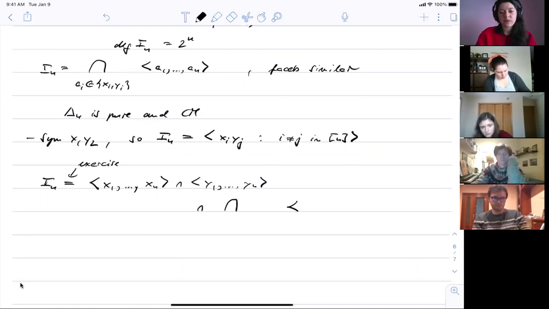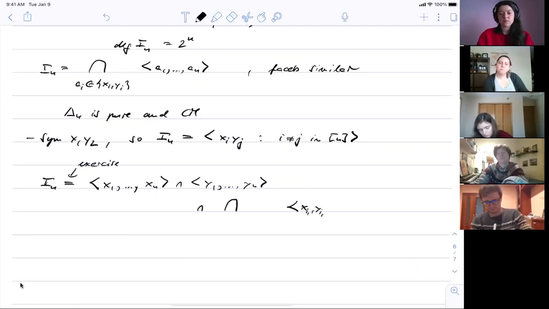Maybe I say it in words. You have to choose n-1, all but one of the indices, and then for each index, both variables. So it's x_{i1}, y_{i1}, and so on, up to x_{i_{n-1}}, y_{i_{n-1}}, where i1 is less than i2, up to i_{n-1} is at most n.